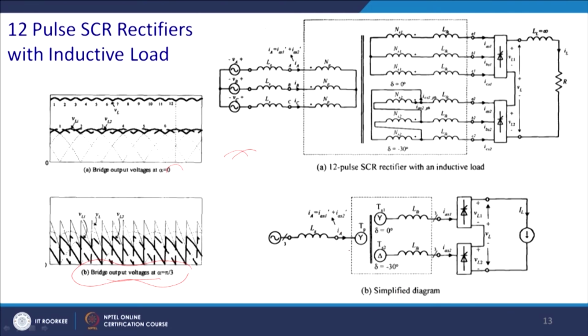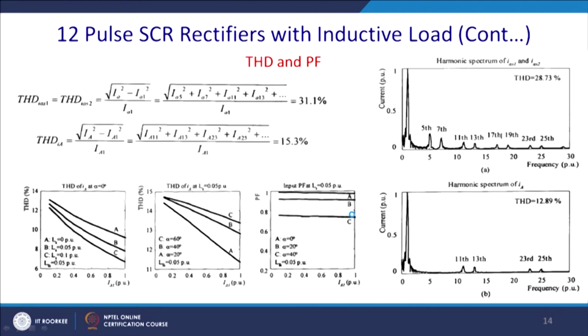Similarly, if you put them in series with alpha equal to 30 degree, this is the simplified diagram, and ultimately you will get this current profile ISA and ISB.